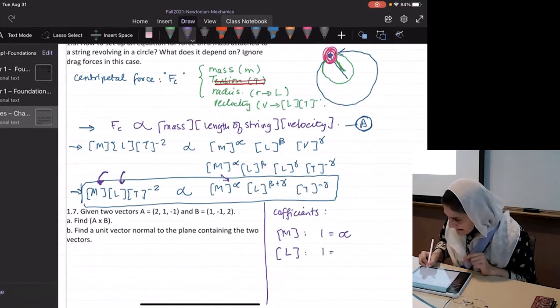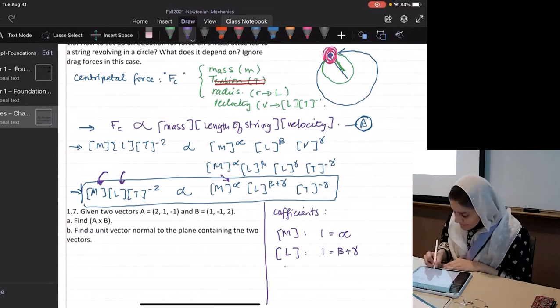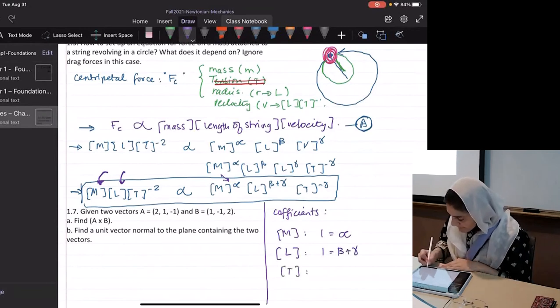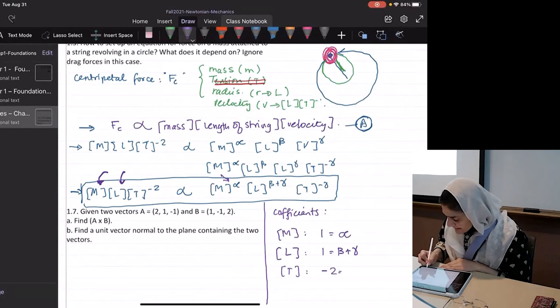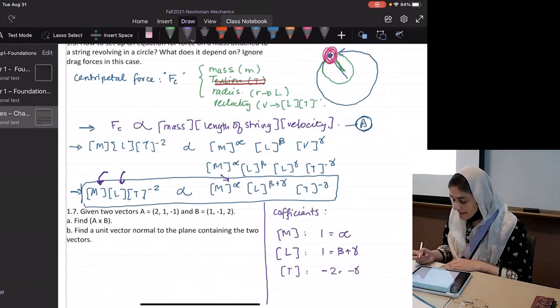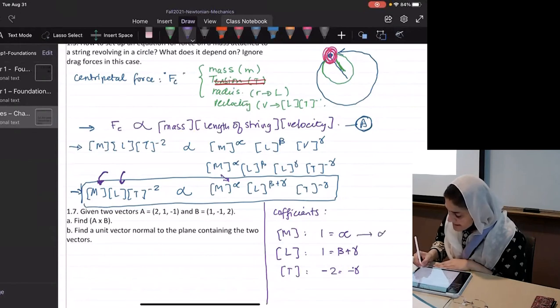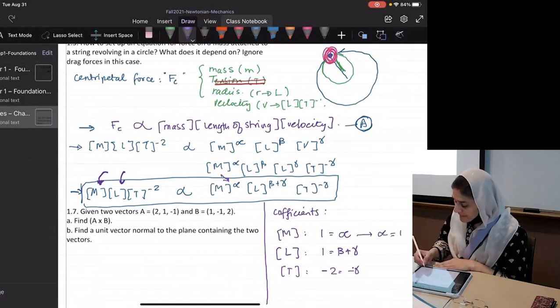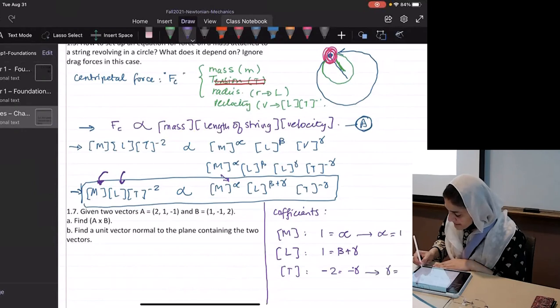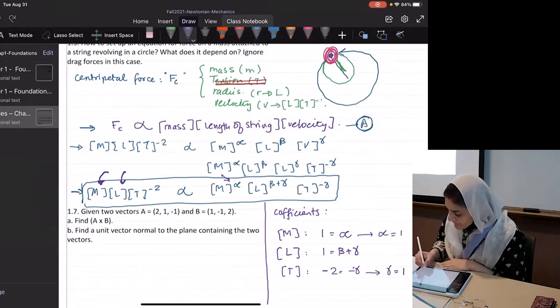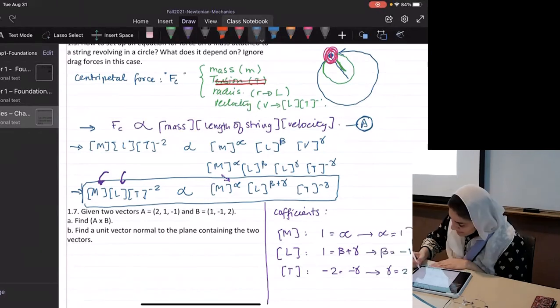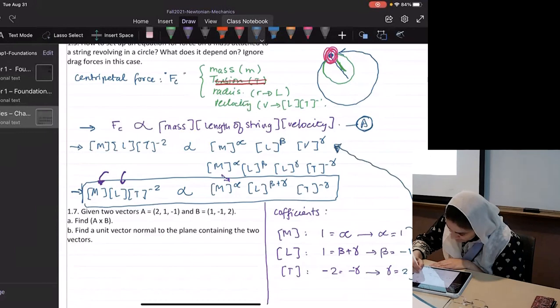And what's it on that side? There we go. What about T? Equals? Good. So the coefficient of alpha is 1. Coefficient of gamma is 2. Coefficient of beta, so plug all of these in this equation.